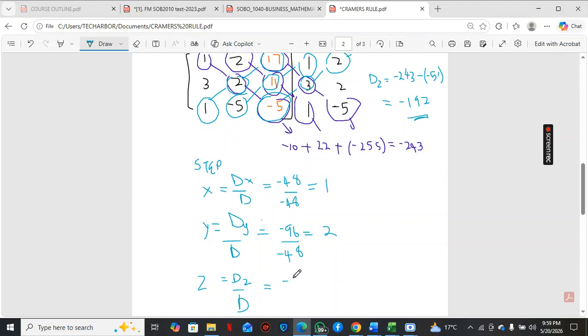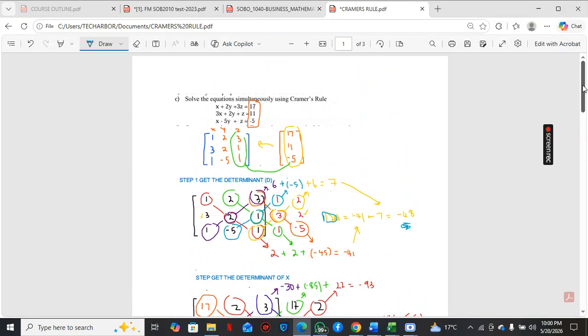The dz is negative 192 divided by negative 48. Negative 192 divided by negative 48, you're going to get positive 4. Okay. So the value of x is 1, the value of y is 2, and the value of z is 4.